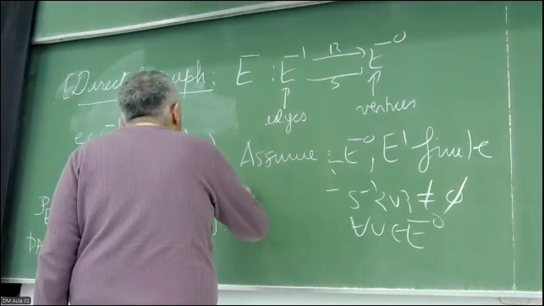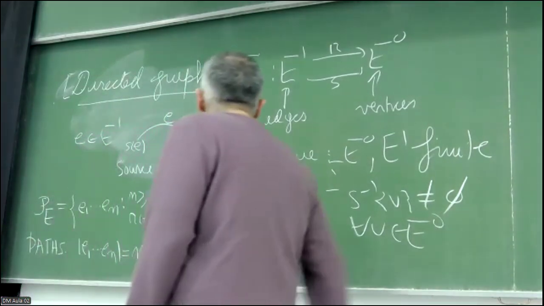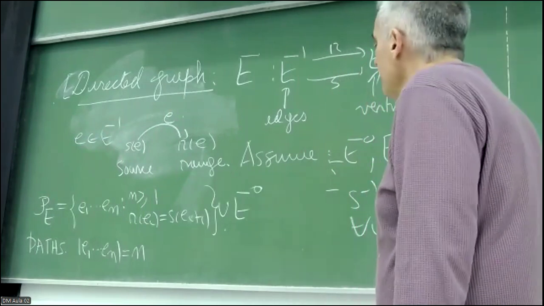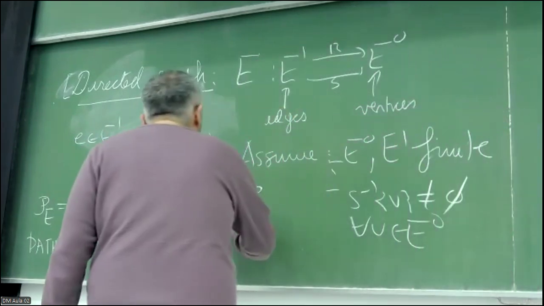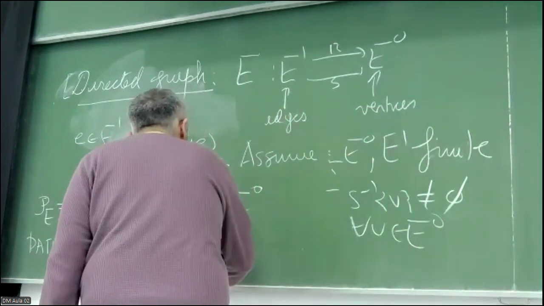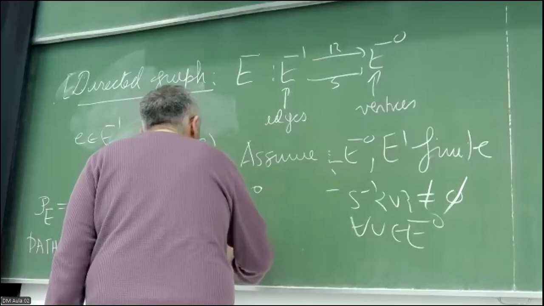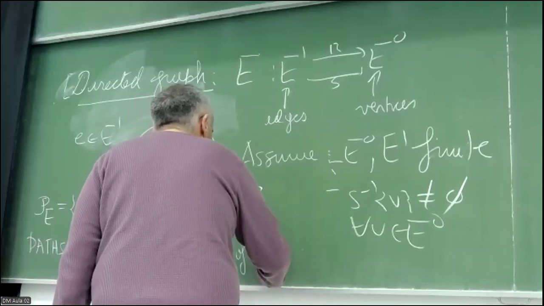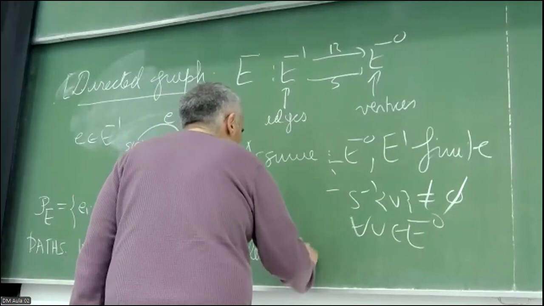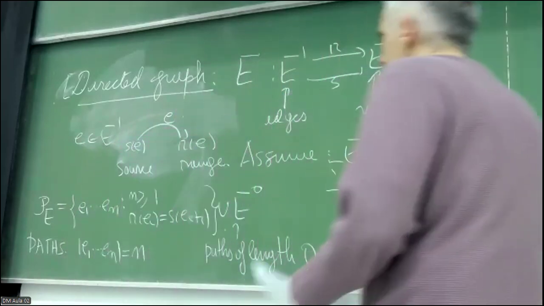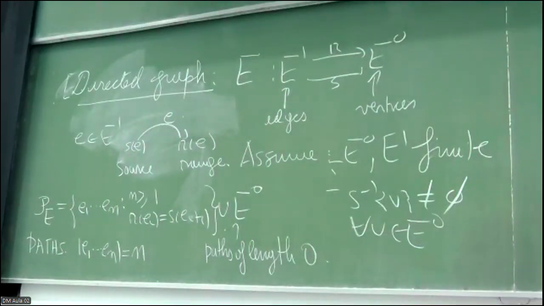And we also add to this the vertices, which we regard as paths of length 0. All right.